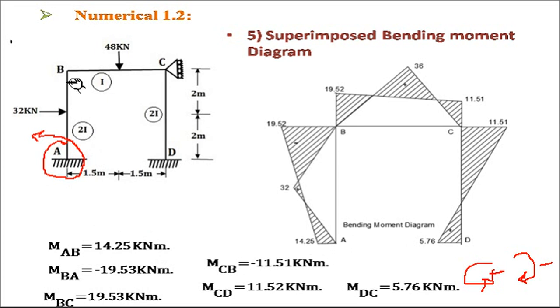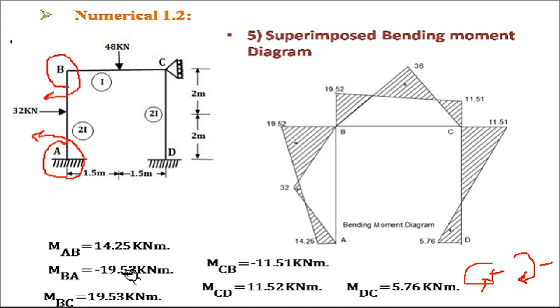Okay, now at B, the moment in member BA is minus 19.53. Minus means clockwise. That means you have to keep the pen near A on the member BA, and you have to rotate the joint B in clockwise direction, and it should cut the member BA once.